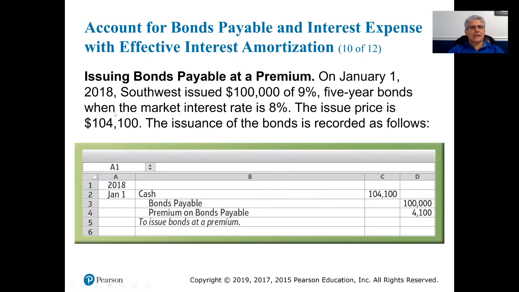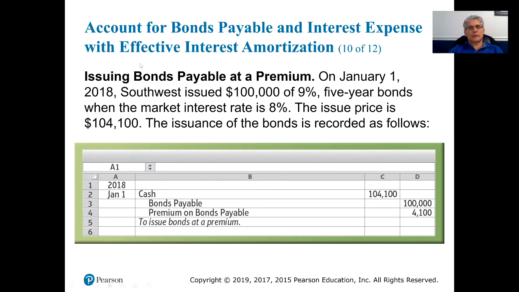On the next slide, it goes on to talk about how you would deal with a premium under the effective interest rate amortization. It's really the same process, except instead of dealing with a discount, as we just went through, you would go through the same process on a premium.